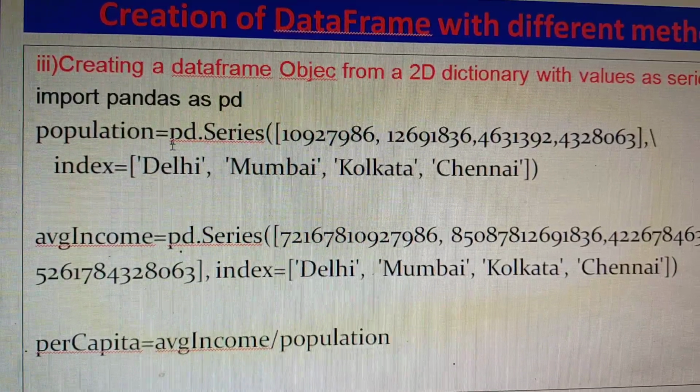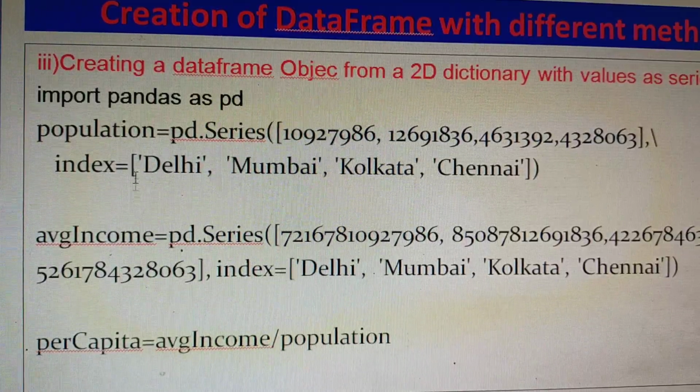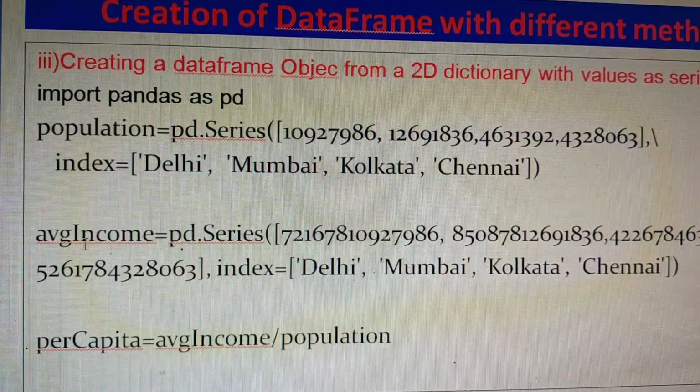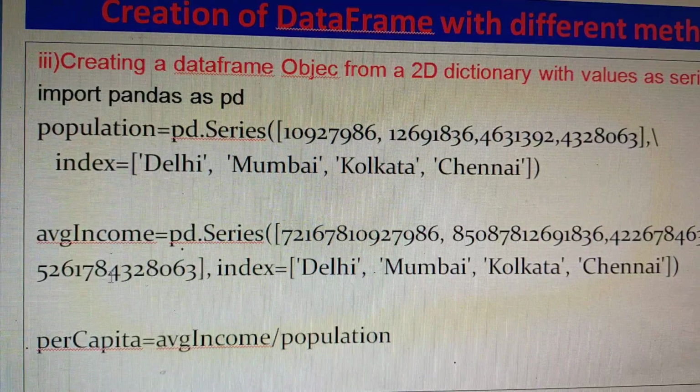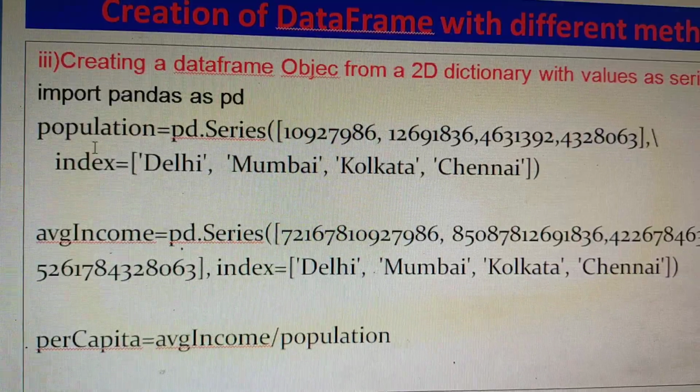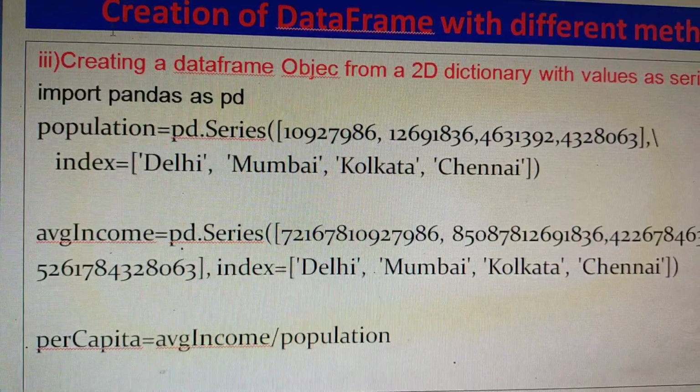Here 3 series are created: 2 series, one is population and another is average income. Then the per capita series is calculated with the help of average income and population.